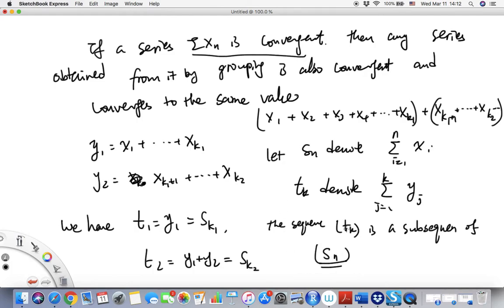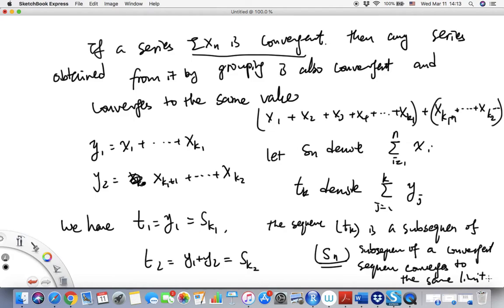So a subsequence of a convergent sequence is convergent and converges to the same limit. Okay, that's that.